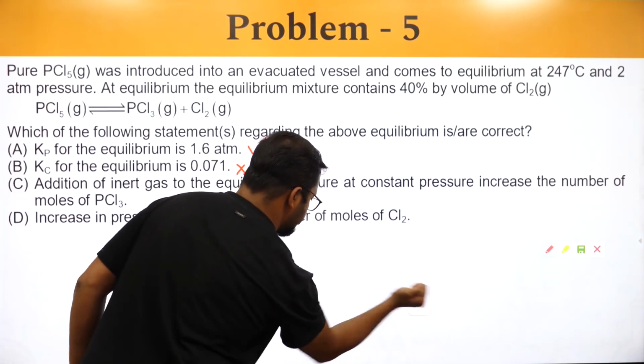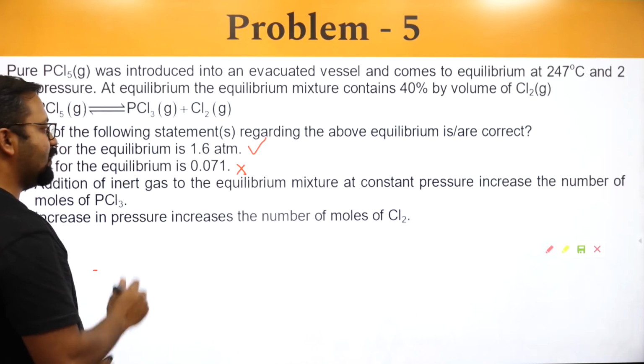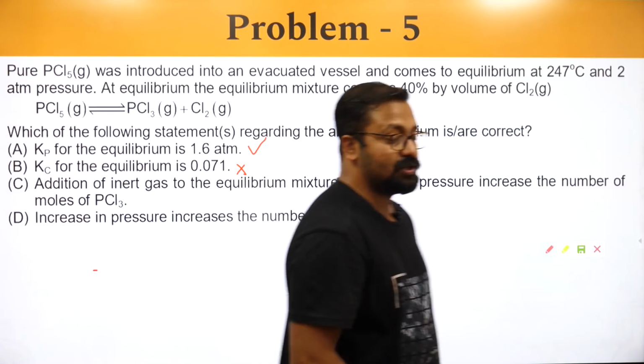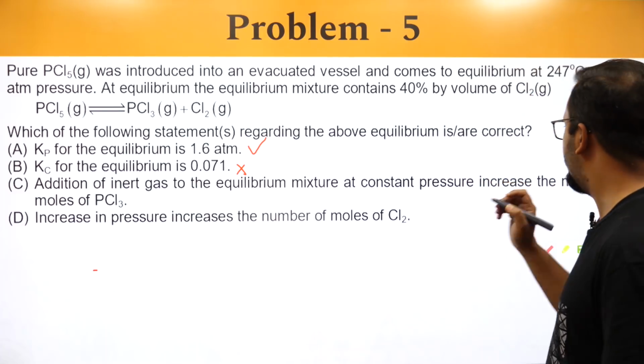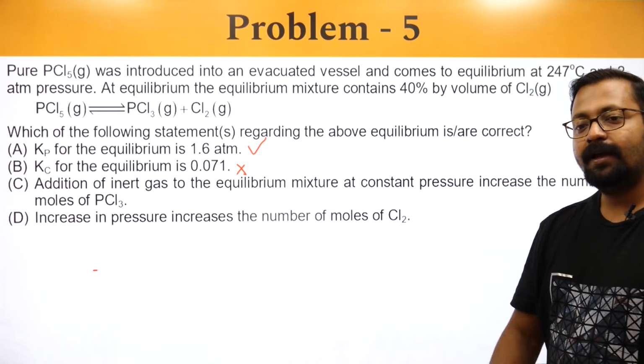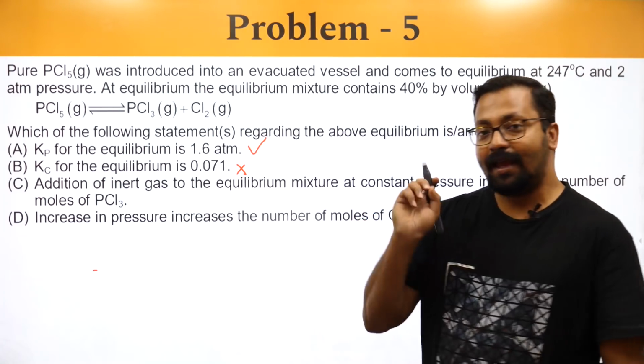Next, addition of inert gas to the equilibrium mixture at constant pressure increases the number of moles of PCl3. Now, how do we solve an inert gas question?